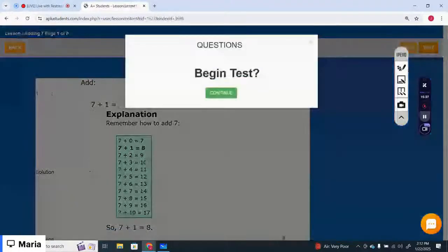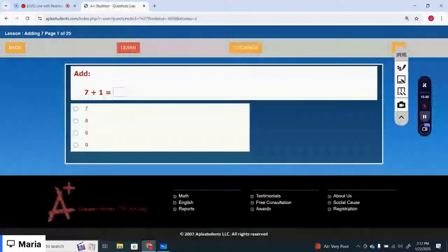Let's just start with the test questions. 7 plus 1, which is the correct option? That is 8. 7 plus 1 makes 8. Very good.